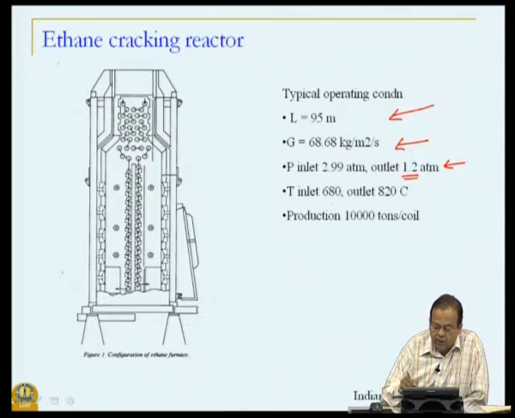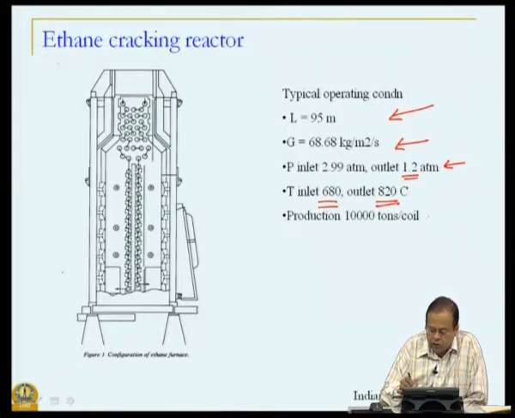The inlet temperature is 680 and outlet is 820, so it is progressively increased, and one tube, and I will explain what that tube is, gives you about 10,000 tons per coil. Now, how is this reactor fabricated?